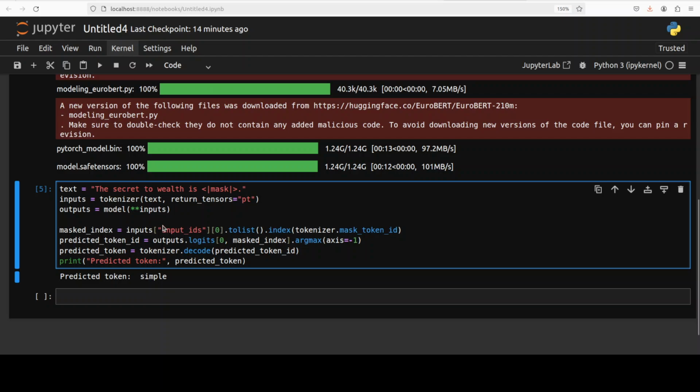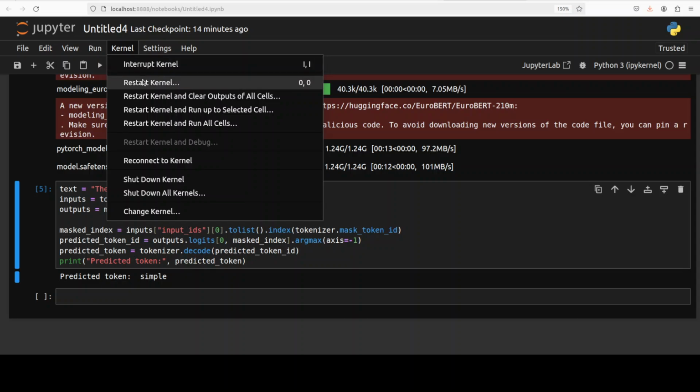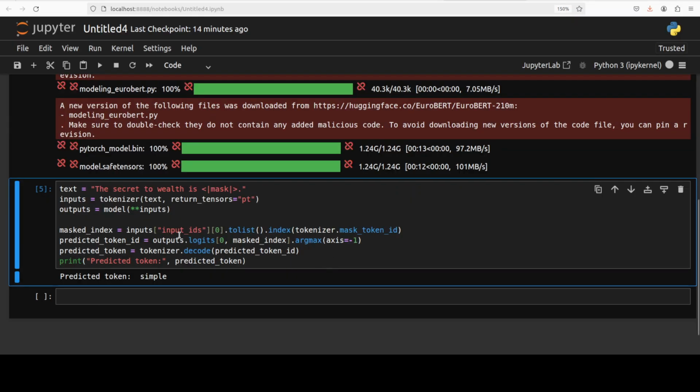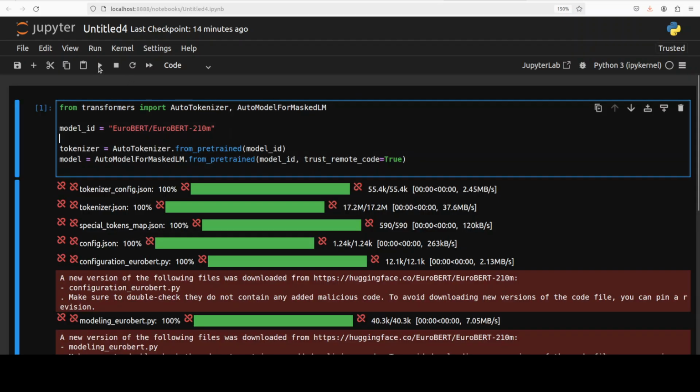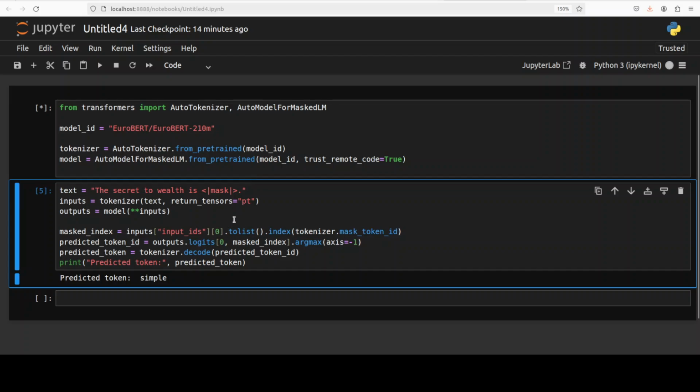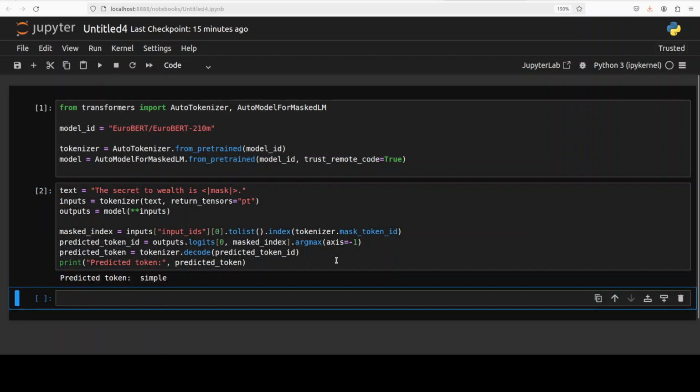So what I'm going to do is restart my kernel. I could even change this token, but anyway, I'm going to reload it. Let's wait for it to get reloaded, and I will also show you the VRAM consumption. Should be fun. Let's run it again. Again simple. So it seems all the secrets are simple here.